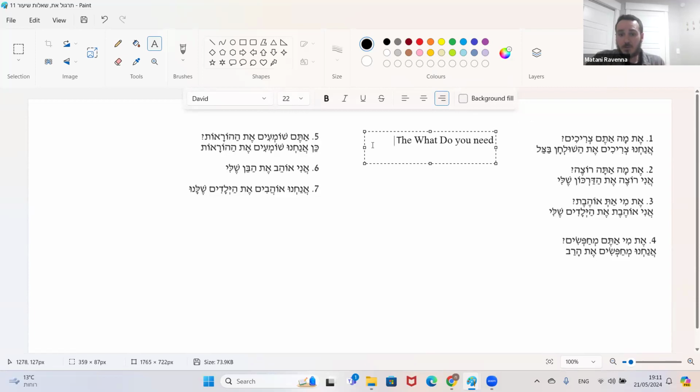And then the answer, specifically in this example, is anachnu, we, us, tzrichim, need, et hashulchan batzel. Now reminding us, this is for Israel traveling. So what do you need? We need the table in the shade.